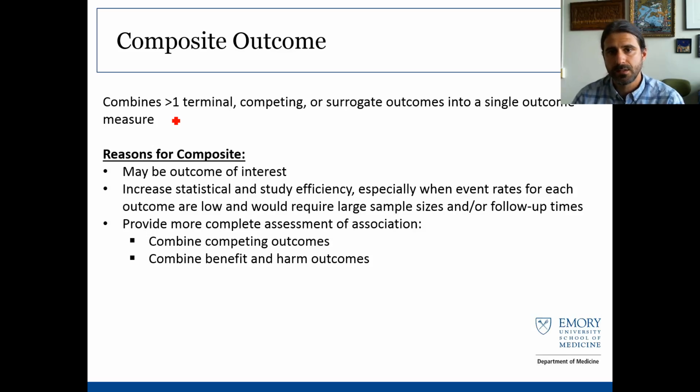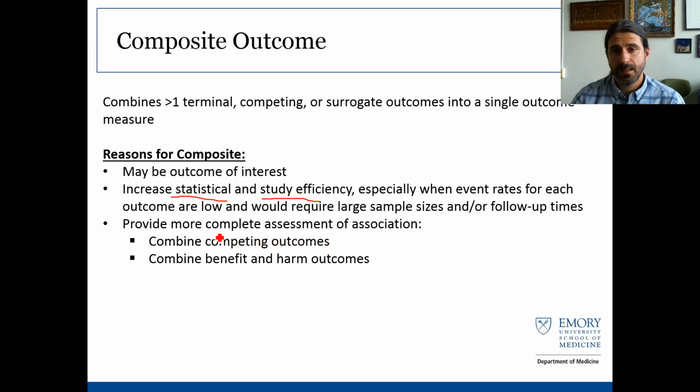Another reason to composite an outcome is if your event rate is low, you may need really large sample sizes or really long follow-up time to get enough events to statistically study. We're going to talk about that in power and sample size a little more, but this is one way to increase your statistical and study efficiency by combining outcomes to increase your event rates.